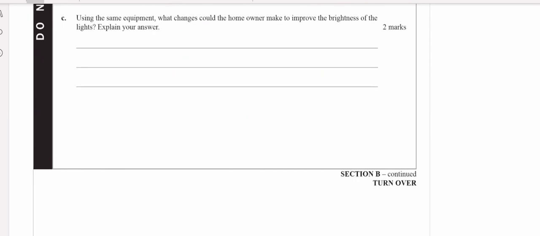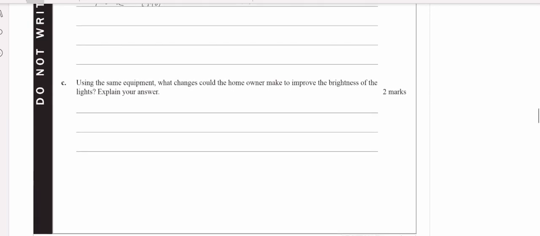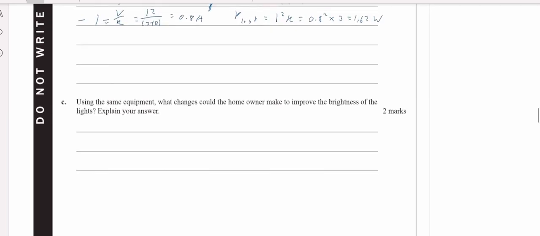Using the same equipment, what changes could the homeowner make? Explain what changes and explain the answer.